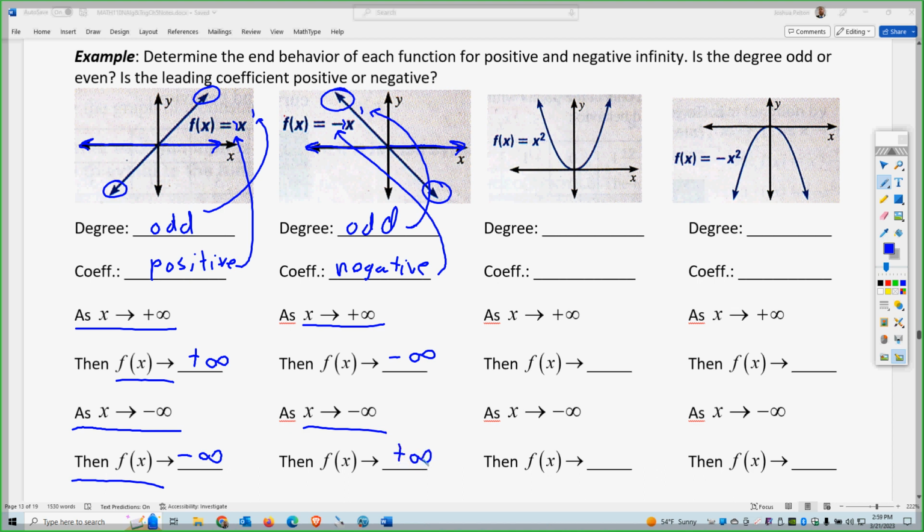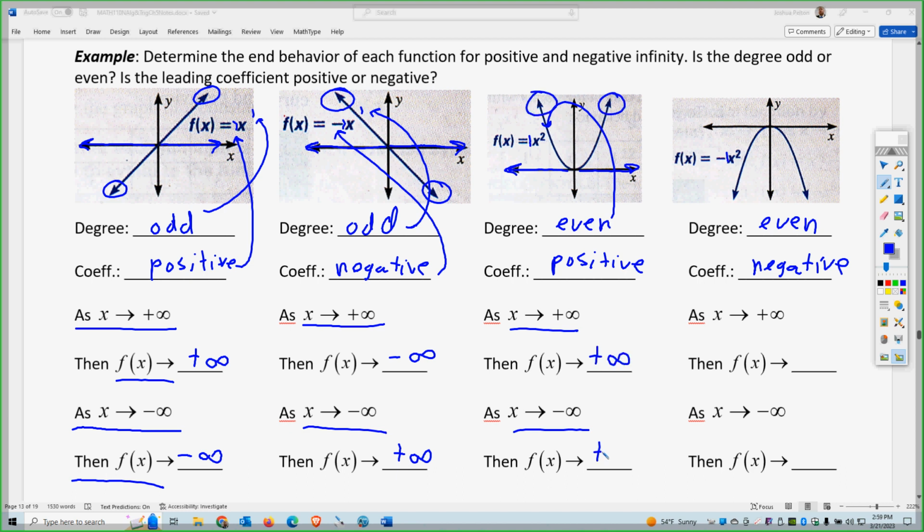Okay, let's try the next ones. So now we get x squared. So this is even and even, right? Because you're looking at a 2 in both cases. And the coefficient is positive because it's a 1, or it's a negative 1 here, correct? You notice whether x goes in the positive direction or in the negative direction, the function always goes up.